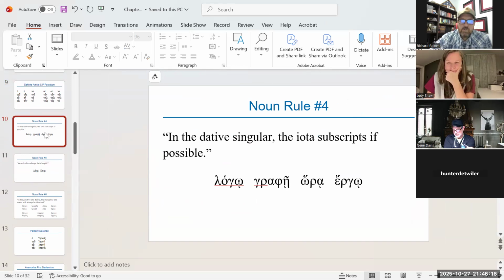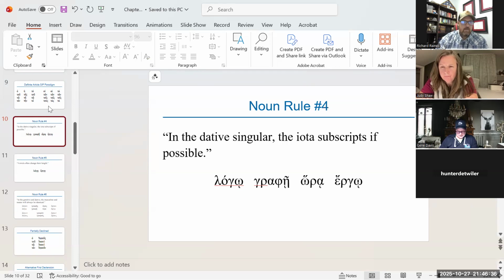A couple of other rules that are going to help you. If you see this iota subscript, that's a dead giveaway in a lot of cases that that is a dative singular.